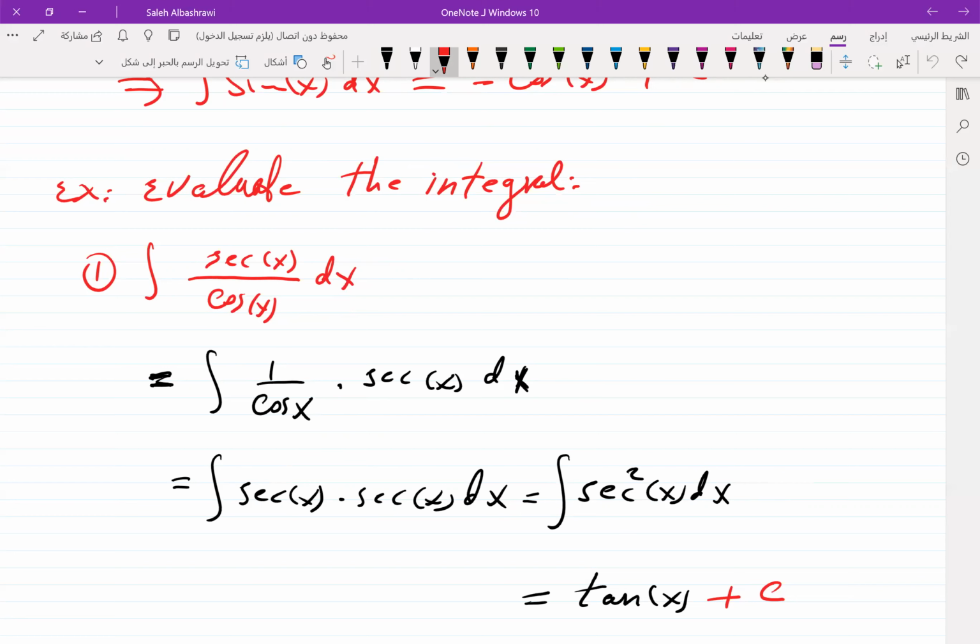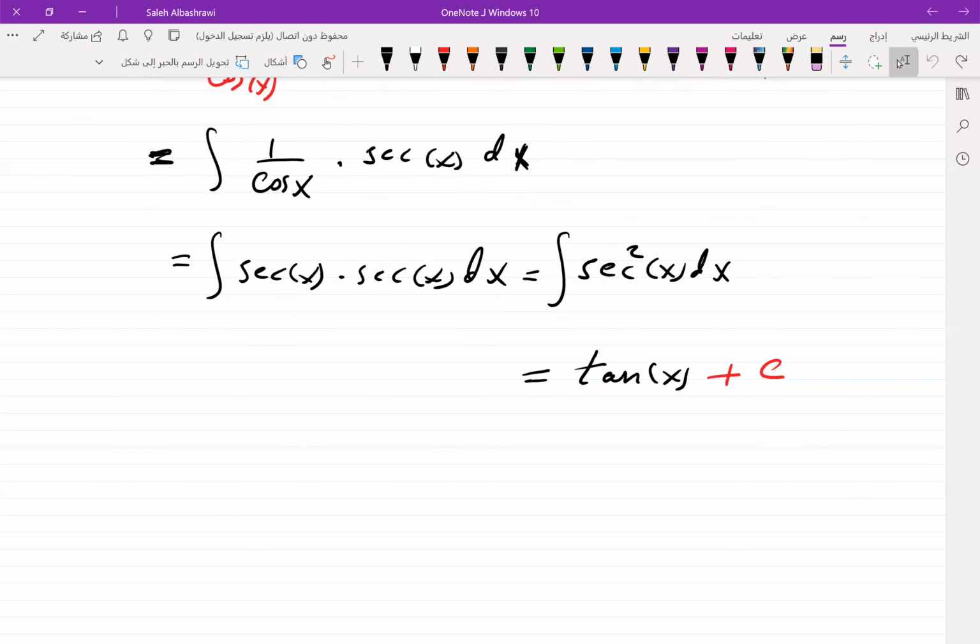Take another one. Number 2. Integration of 1 plus sine squared x multiplied by secant of x dx. So this one can be simplified.